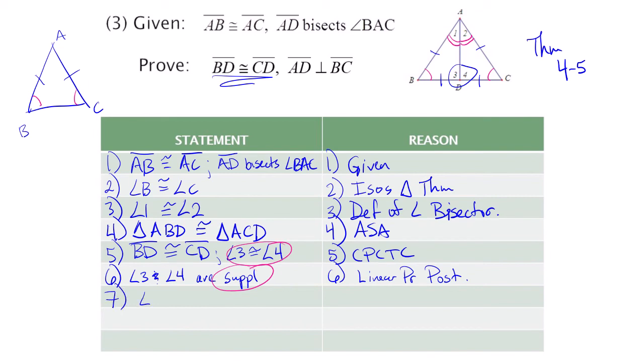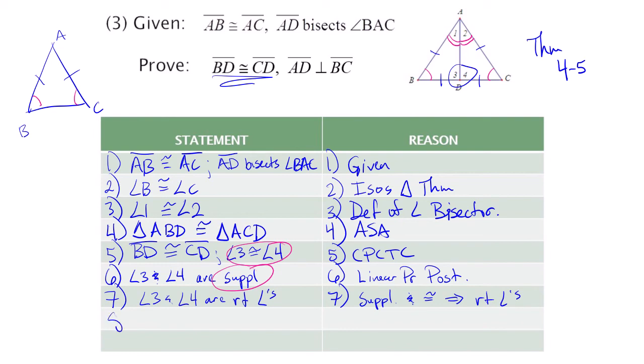So angle 3 and angle 4 are right angles, because supplementary and congruent means right angles. Okay.